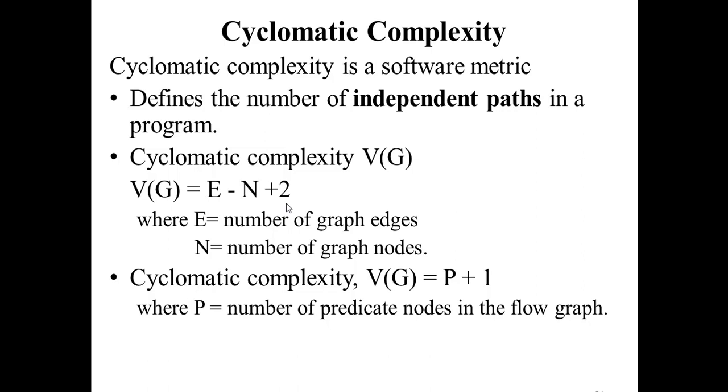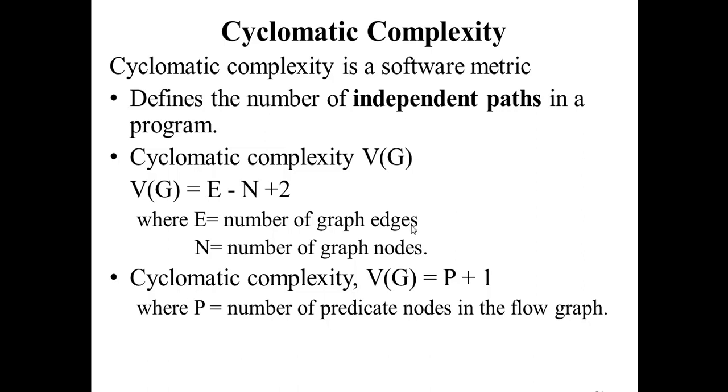As we know, in an if else condition there are two paths: if the option is true, then path A will be taken, and if the option is false, then path B will be taken. So in order to calculate how many independent paths we have, we add 2. E minus N plus 2 will give us the exact number of independent paths existing in the particular program.